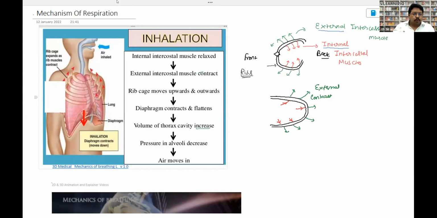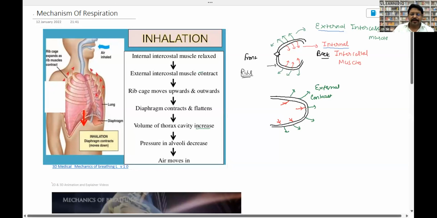From the rib cage outward, there is a particular kind of muscle we call external intercostal muscle. When they contract, they pull the rib outside. From the rib to the inner side, there are muscles called internal intercostal muscles. When they contract, they pull the rib inside. That's how respiration takes place.